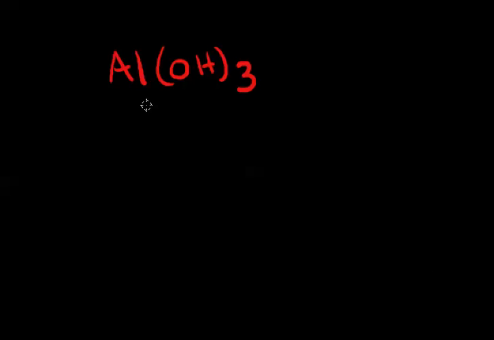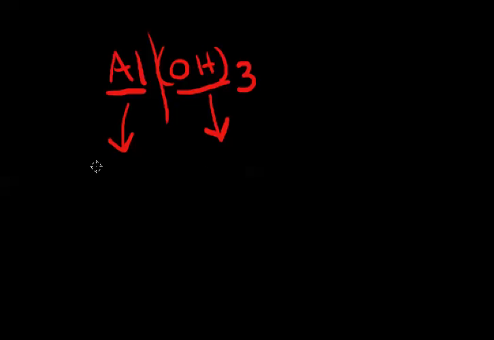Alright, let's look at this example. So it starts with aluminum, and that means this must be our negative ion. Now, it's made up of more than one atom. We have oxygen, we have hydrogen, so this must be a polyatomic ion. So we'll name this, we'll name this.